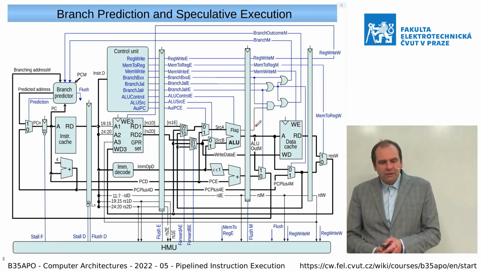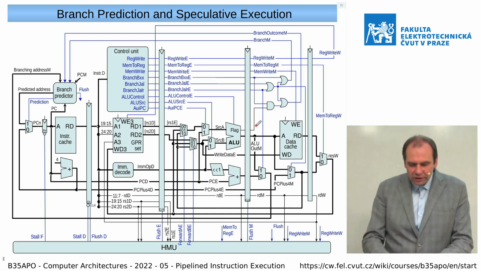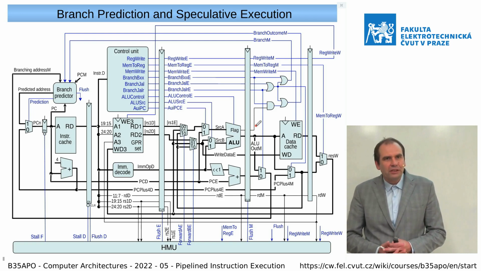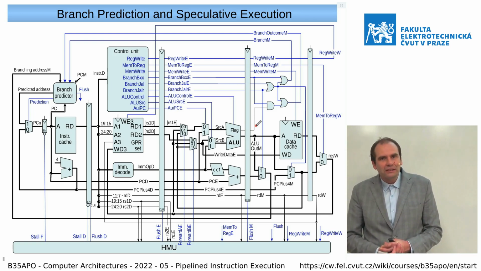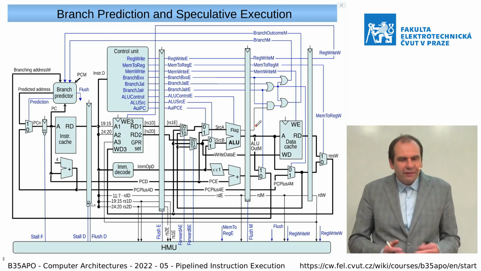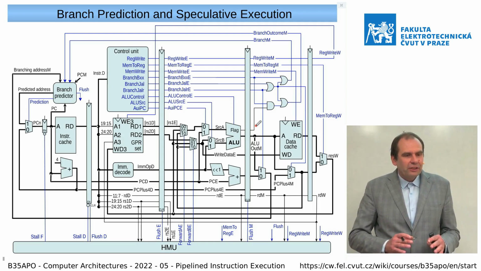Today's processors have such long pipelines and execute so many instructions in parallel. In fact, for example, the PowerPC 970 has 250 instructions which are partially processed inside the core.